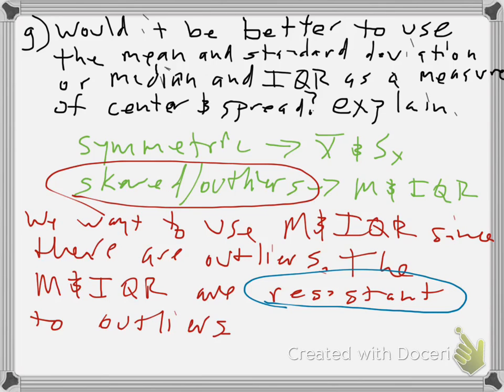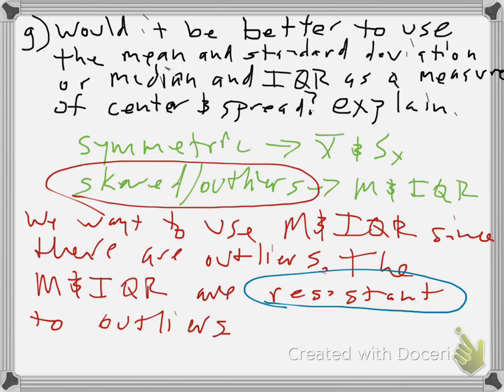Again, if you were in class when I did the house prices example, as a measure of average or center, the real estate agent should say the median home price is $350,000, and that's a much better representation of the average home price, because we know for sure 50% of houses are less than that and 50% are greater.